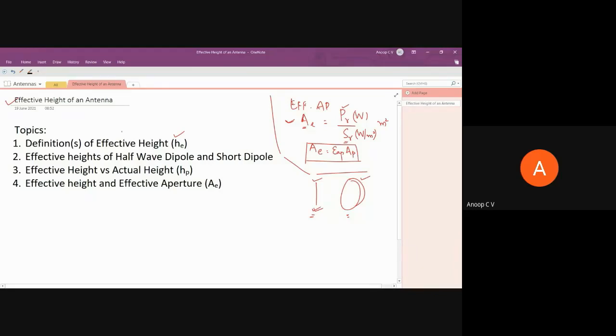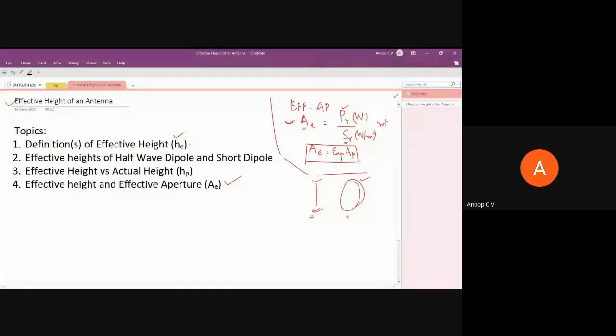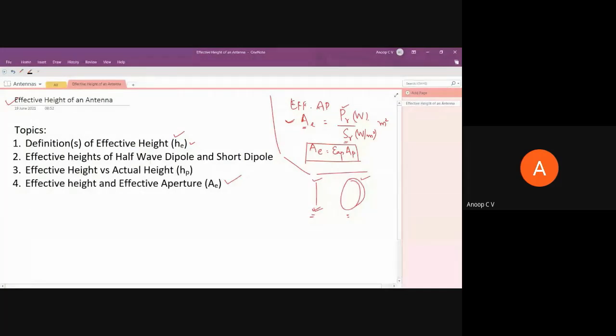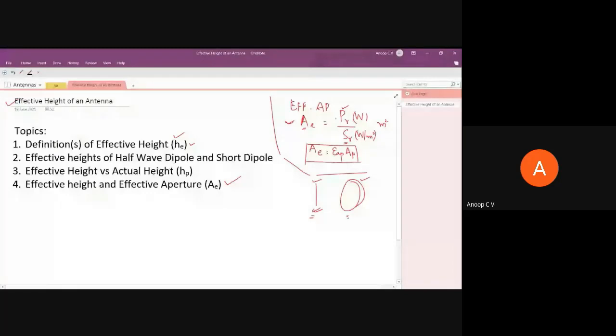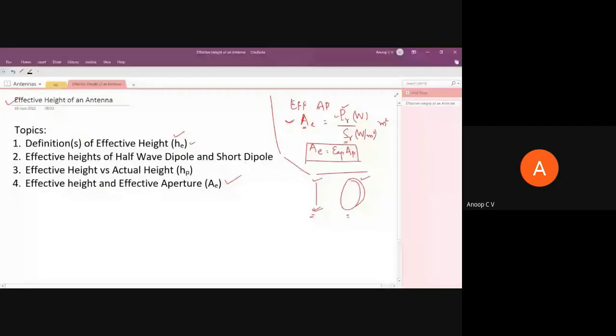This is again related to the aperture. At the end we'll see how this is related to effective aperture. So today's agenda is to study the definition of effective height. Just as effective aperture is defined as the ratio of power received to the power density at the antenna, we can define effective height.